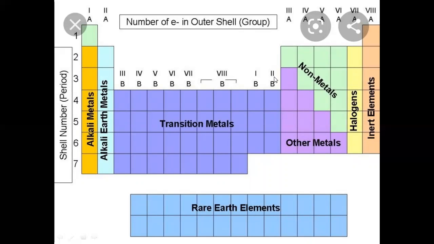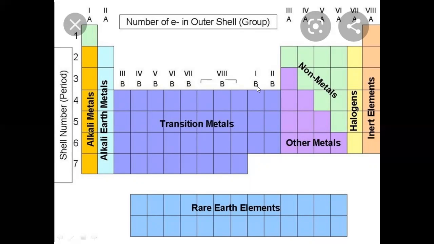The B group elements: you can see here that 8B is classified into 1, 2, and 3 subgroups, but we will consider it as a single group. So we have 8 main groups and 8 B groups. B groups are called transition metals.